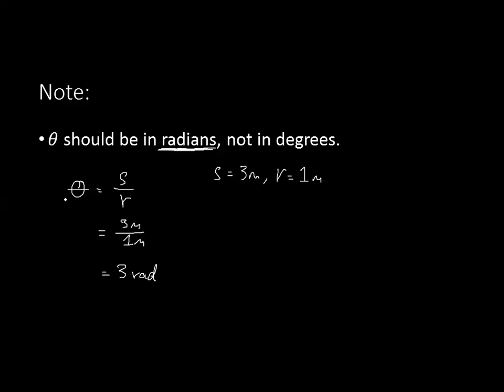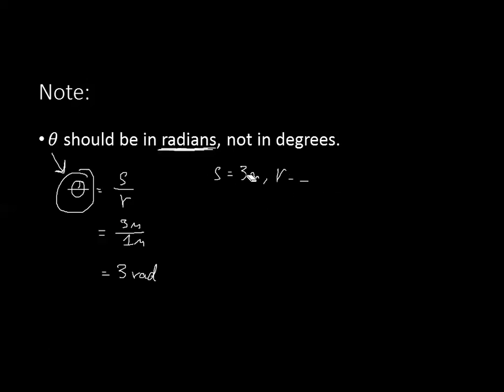So the way you found the angle here is in radians, therefore you should keep it as radians. Let me say it one more time: the way you find the angle here is always in radians, therefore the angle should be in radians. So what if it is in degrees? Then convert it into radians.